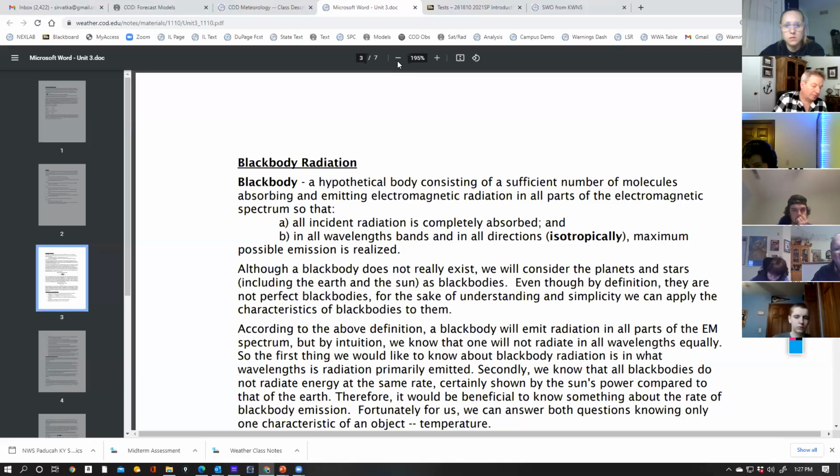Okay, so all radiation, all what kind of radiation? Just all of it, because it says all parts of the electromagnetic spectrum. Yeah, but look at this word that I've highlighted. What does that word mean? Do a web search on that word. Define it.